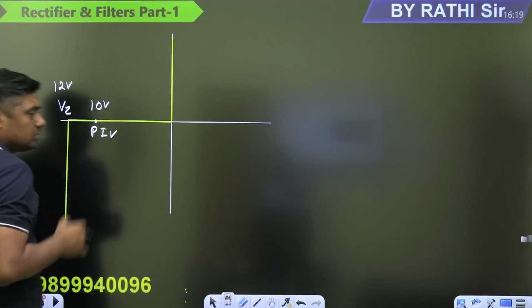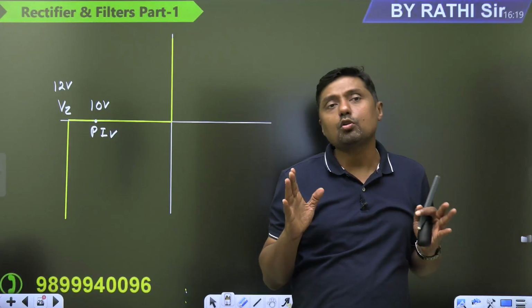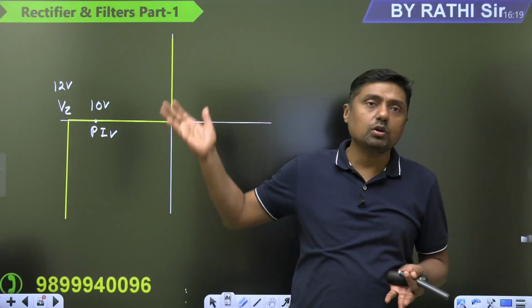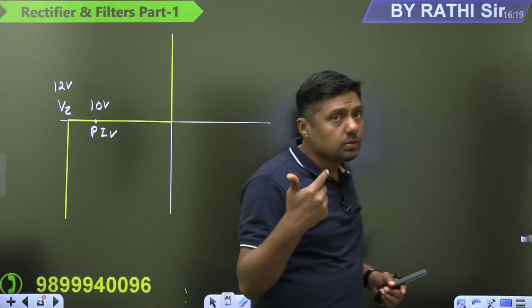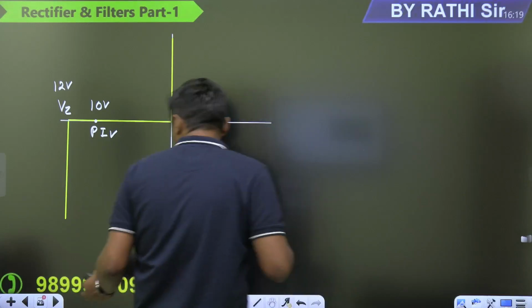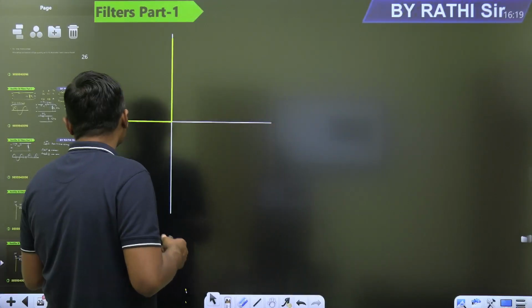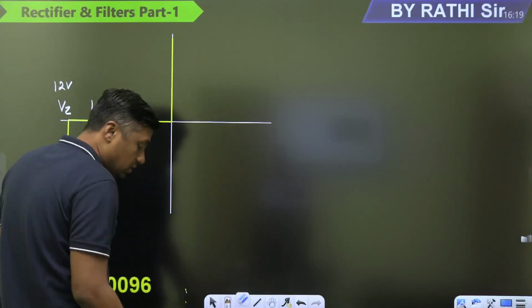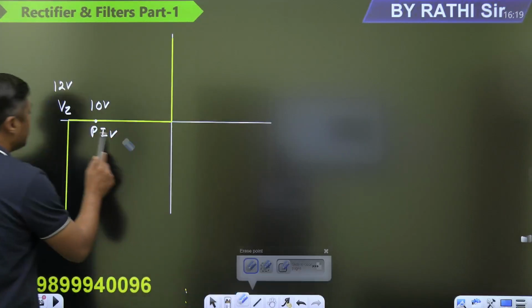No problem, because up to 10 volt, the diode will not allow the current, and the maximum voltage appearing across the diode is 10 volt. Finished. But suppose the breakdown voltage is 5 volt, then what will happen?